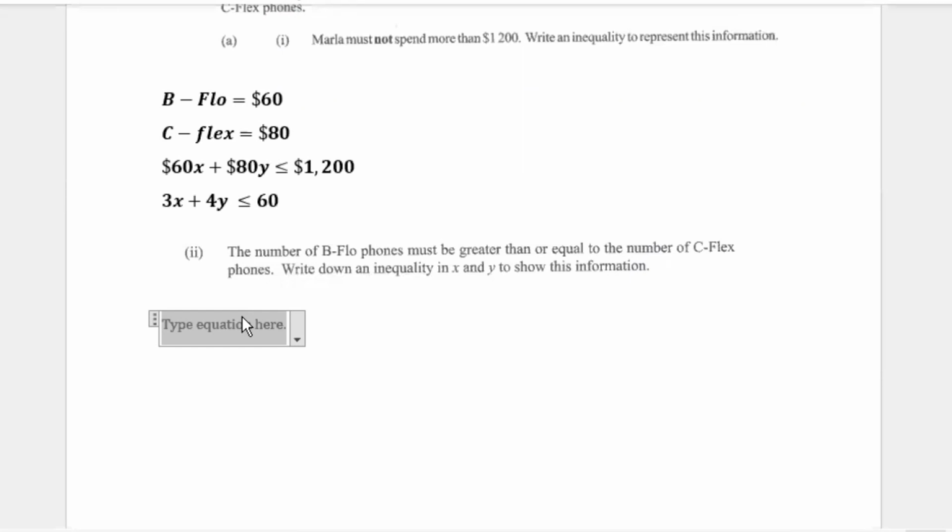So B Flow, which is X, is greater than or equal to, this is how that sign looks, the number of C Flex phones, which is Y. So this is our inequality. Another 1 mark.